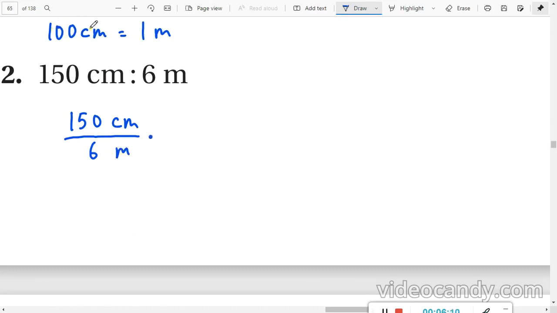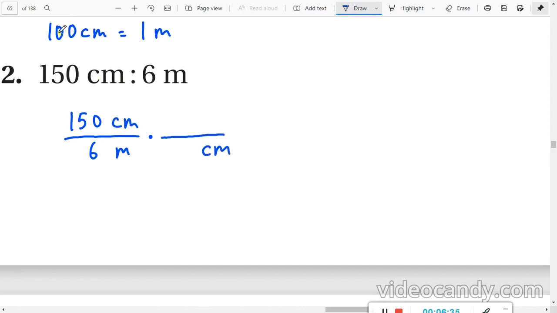So when you have two things that are equivalent, you can just multiply by one over the other. All right, and since I want centimeters to cancel, and I have centimeters on top, on my next fraction, I want centimeters on the bottom. All right, this way it will cancel top and bottom.